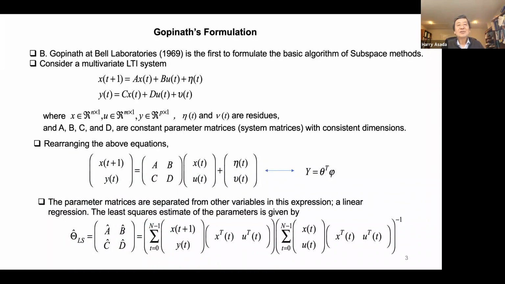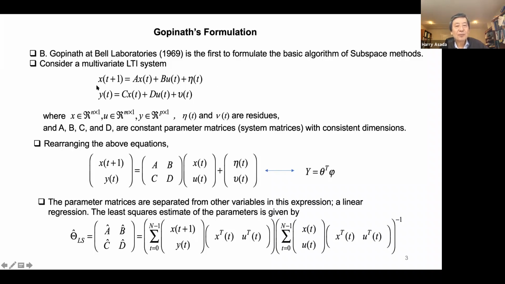Okay. So this simple idea first came out from Gopinath's work back in 1969. What he did is basically very similar to the algorithms used these days. These two equations, and now let me just introduce the dimensions and parameters, which you need to memorize for today's lecture and the rest of the part.